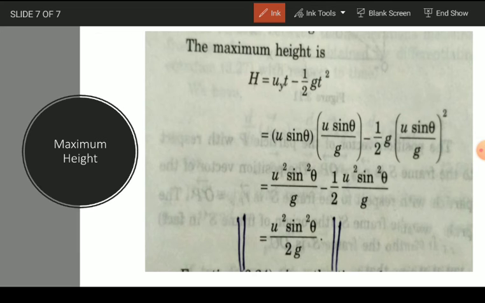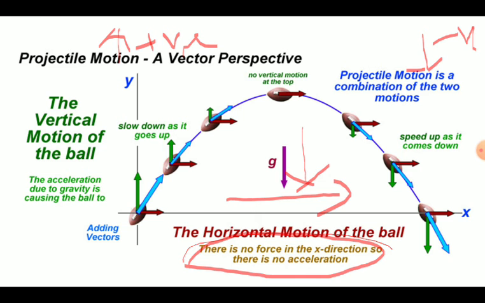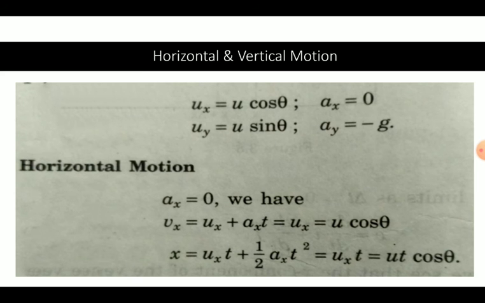So these are the important things which need to be understood for better understanding of projectile motion. Let's recap first. In this module we have learned about the basics of projectile motion, how we resolve a motion in a plane into two one-dimensional motions, and the motion in vertical direction is an accelerated motion, and the motion in horizontal direction is a uniform motion.